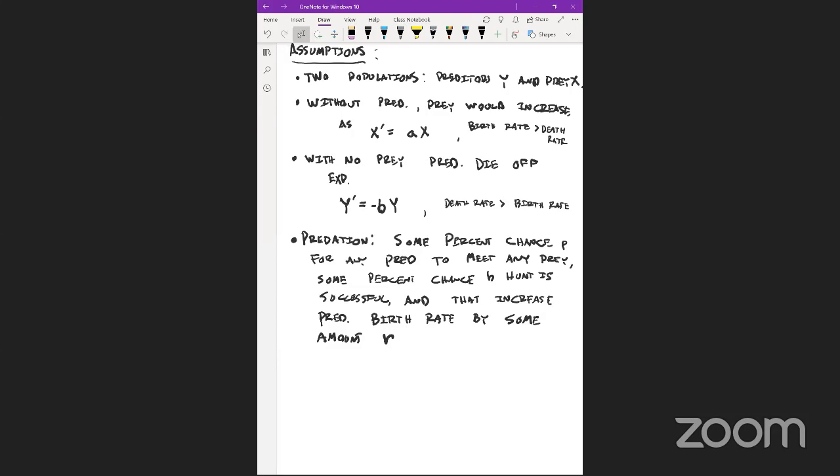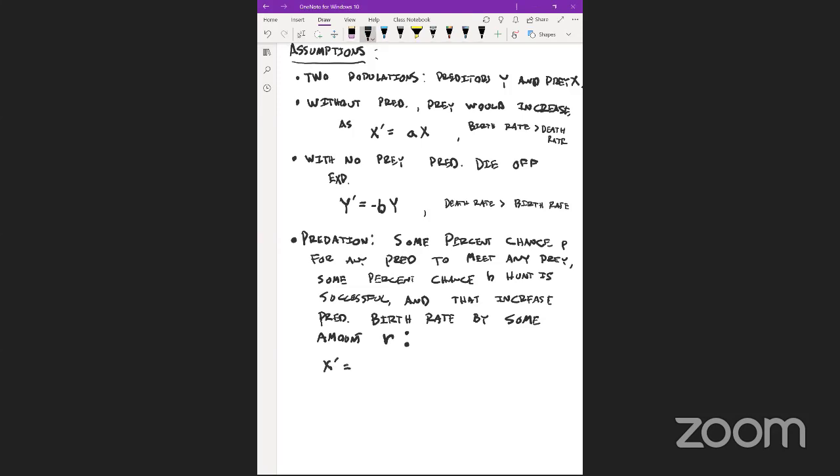So then we have the change in X due to predation. That is going to yield the following.